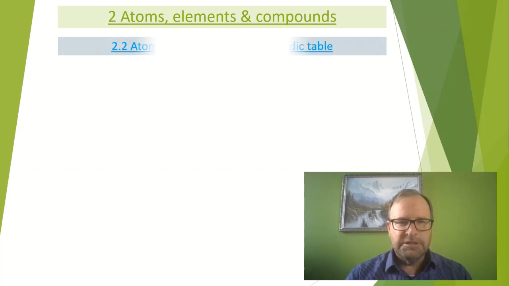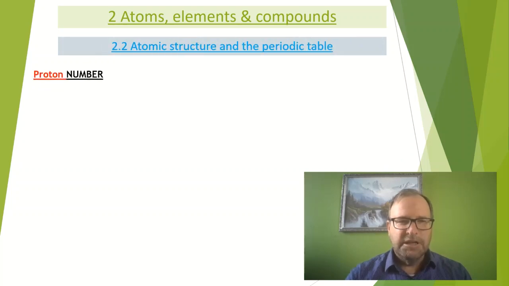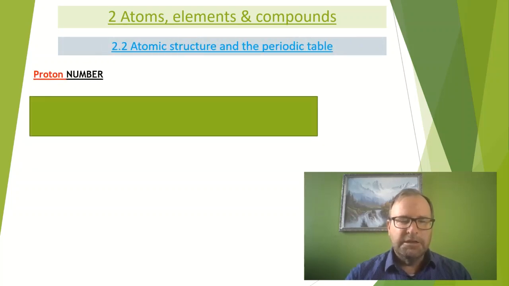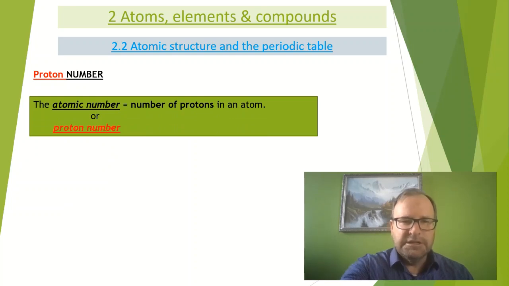Here's the next bit of knowledge and understanding you need to understand and commit to memory. The proton number, otherwise known as the atomic number, is simply the number of protons in an atom, or you can also say it's the number of electrons in an atom that is of a neutral charge. It's different when it becomes an ion. We'll have a look at that in a bit more detail in the upcoming slides.